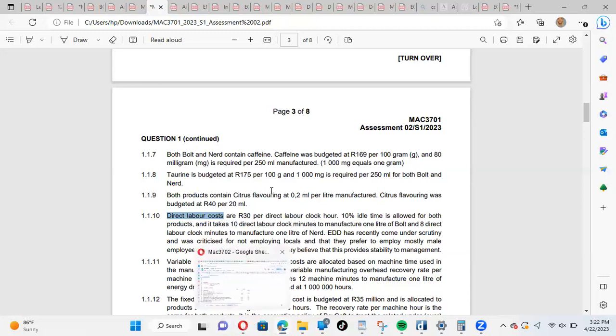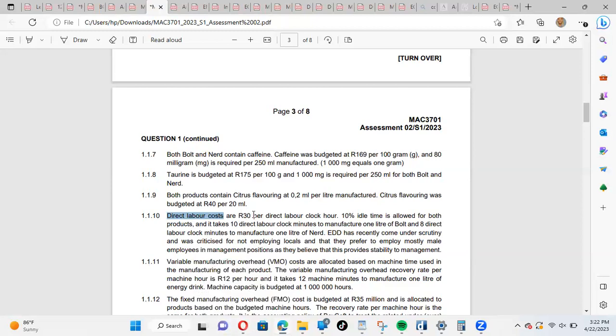For each liter we make use of 8 minutes, which is going to be 8 divided by 60 per hour, times this 30, per liter. Then we need to do that 0.25 and 0.5 story.